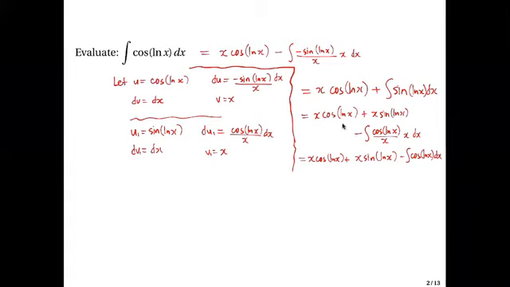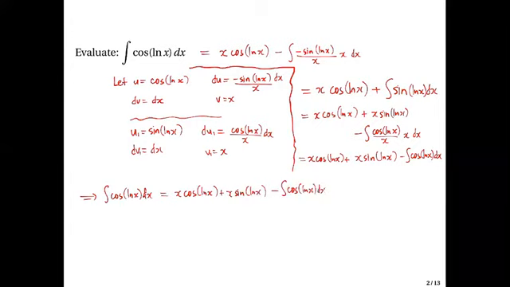And notice this guy here, we have minus, and then that's actually our original problem. So let us just rewrite this. What we have is the integral of cosine of ln of x dx equal to x cosine of ln of x plus x sine of ln of x minus the integral of cosine of ln of x dx.